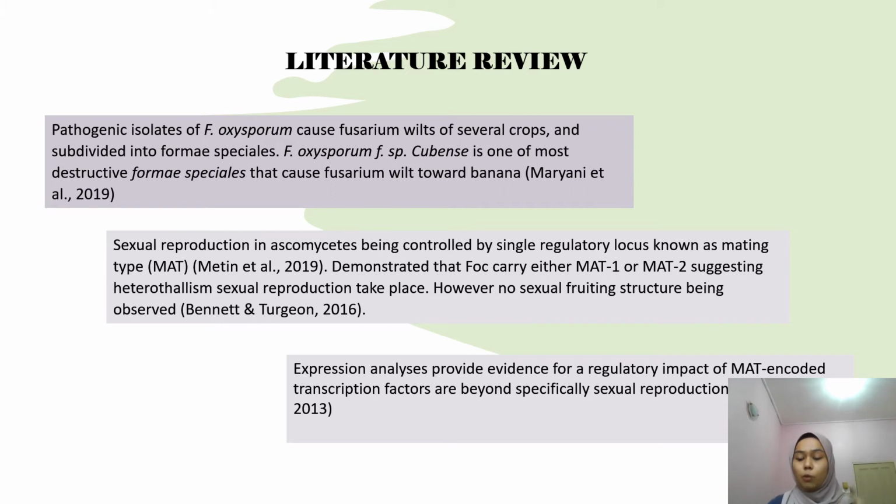For example, one FOC that carries MAT1 and another FOC that carries the MAT2 gene, which makes them compatible to each other, but no sexual fruiting structure has been observed. So there's no sexual reproduction that has occurred in Fusarium oxysporum.